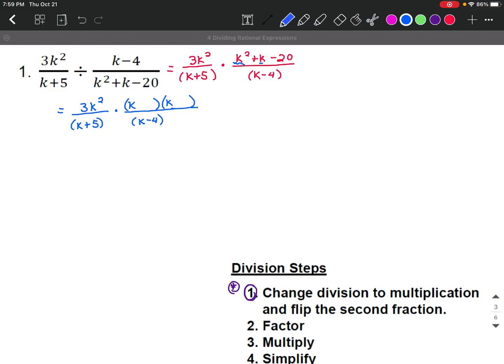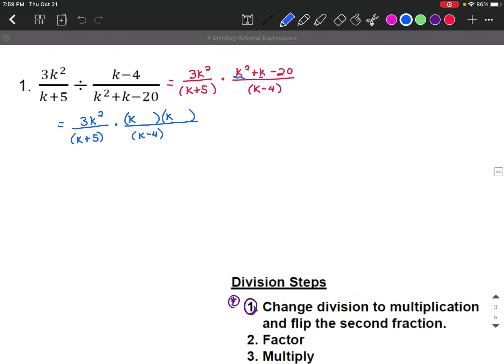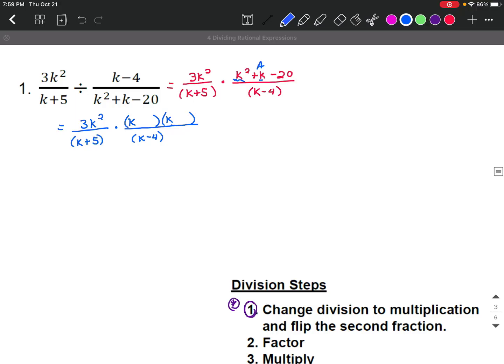I am factoring. I need two numbers that multiply to negative 20 and add to positive 1k. Well, if they're multiplying to a negative 20, their signs are different. And if they're adding to a positive 1, the bigger number is positive, the smaller number is negative.